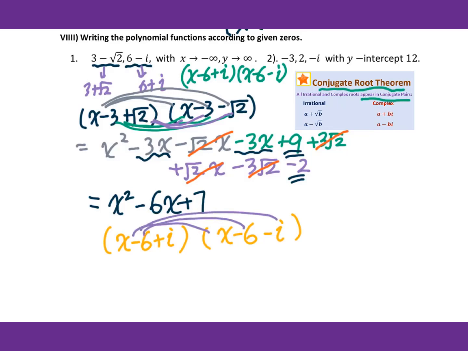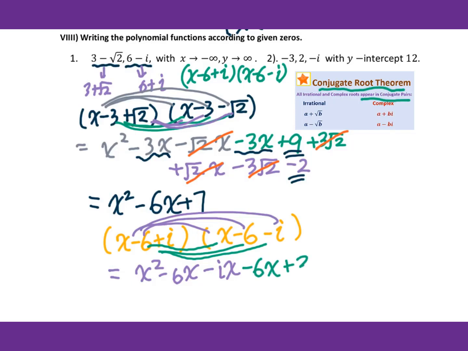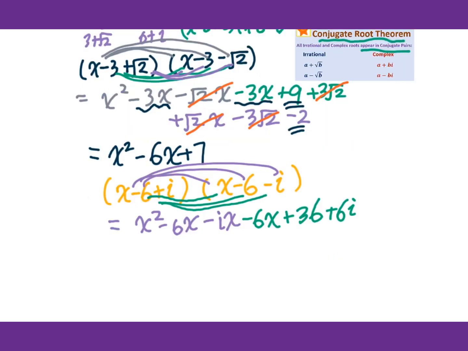This 3, you will get x squared minus 6x minus ix. Then we do this 3. You will get negative 6x plus 36 plus 6i. Then you need to do this 3 now. Plus ix minus 6i minus i squared.